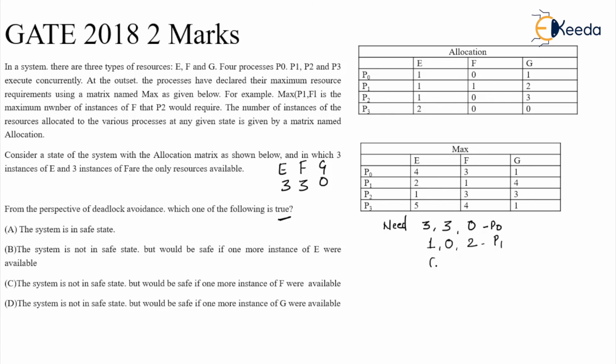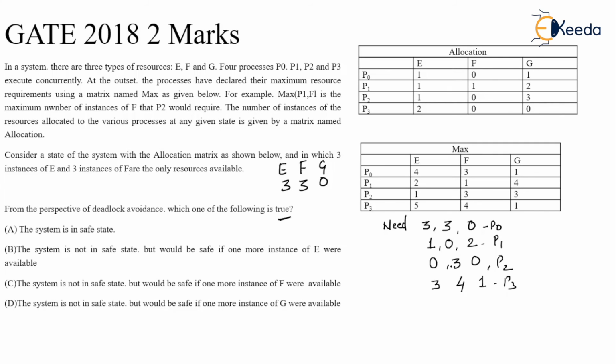Then 1 minus 1 is 0, 3 minus 0 is 3, and 3 minus 3 is 0, P2. And then 5 minus 2 is 3, 4 minus 0 is 4, and 1 minus 0 is 1, that is your P3. This is my need matrix.